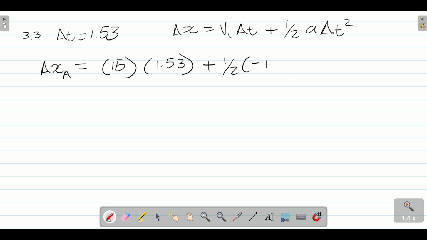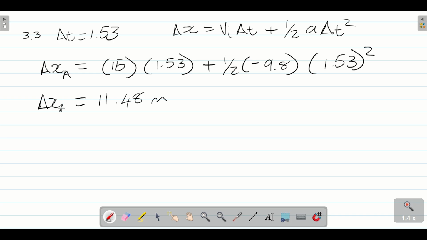Therefore, gravitational acceleration will be acting in the negative direction, so negative 9.8. And then t squared will be 1.53 squared. We punch that into our calculator and we get 11.48 meters for delta x of A.